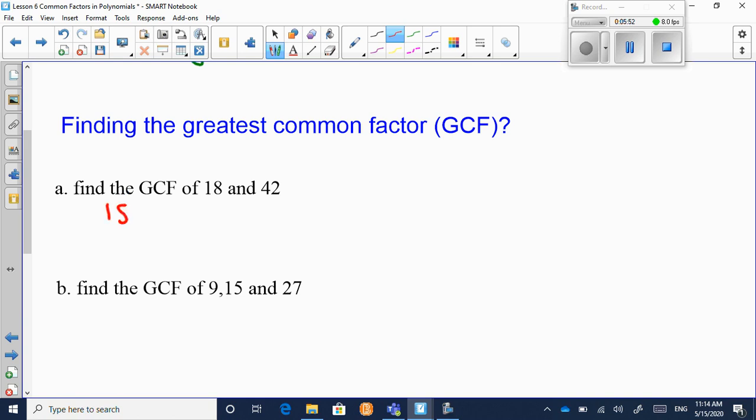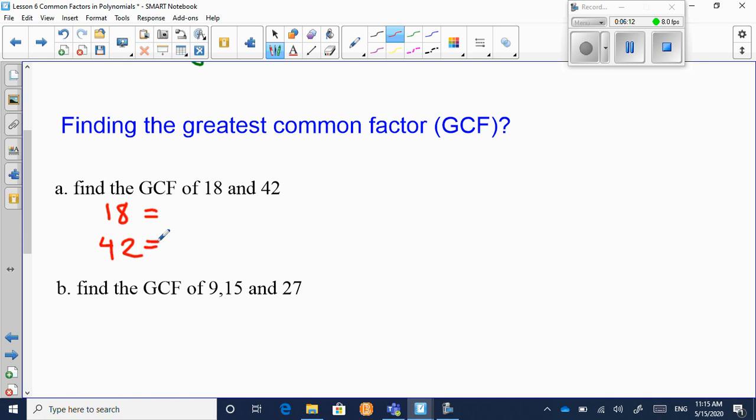I'm going to write my 2 numbers here. I'm going to write 18 and 42 here. And now what I'm going to do is try to write 18 using only the combination of numbers that have no greater factor.